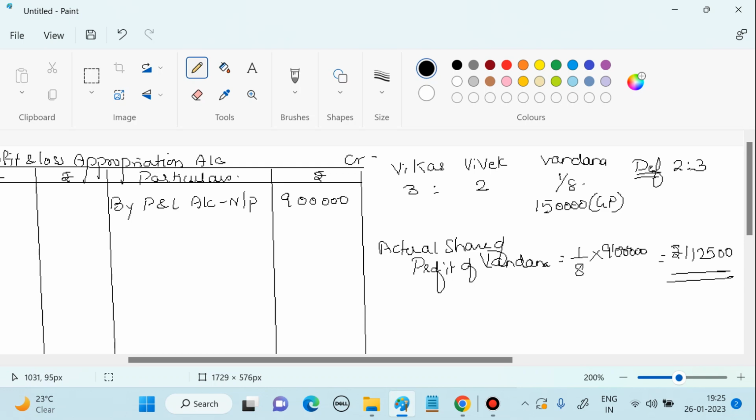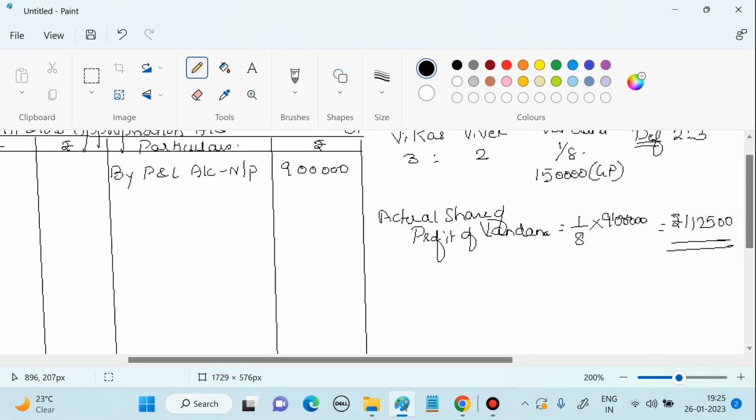Then 1,50,000 has to be given. So we will have to find out the deficiency. So deficiency is guaranteed profit 1,50,000 minus 1,12,500. That would come to how much? 37,500.